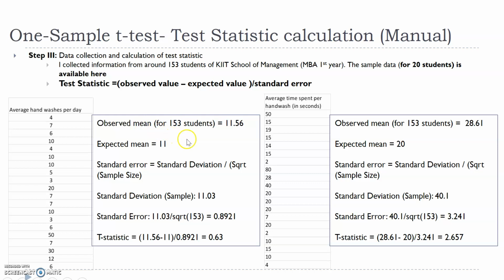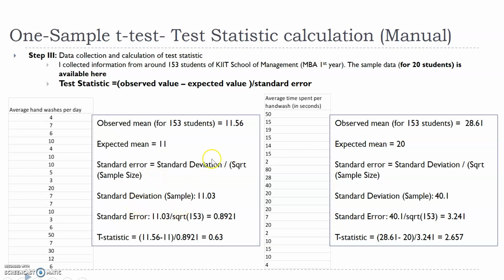What I observed is that the mean number of times students washed their hands is 11.56. That is my observed value. What is my expected value? The value against which I want to test my hypothesis is 11. Standard error is nothing but standard deviation divided by the square root of sample size.